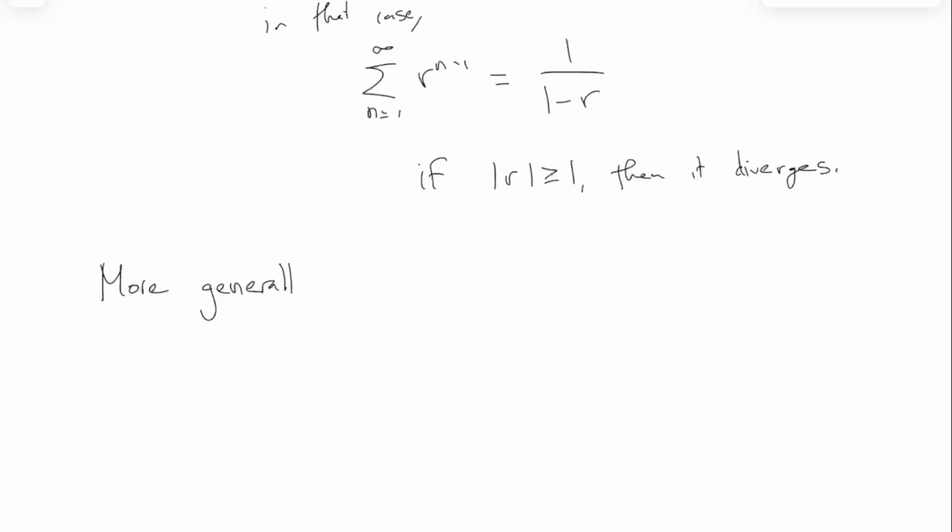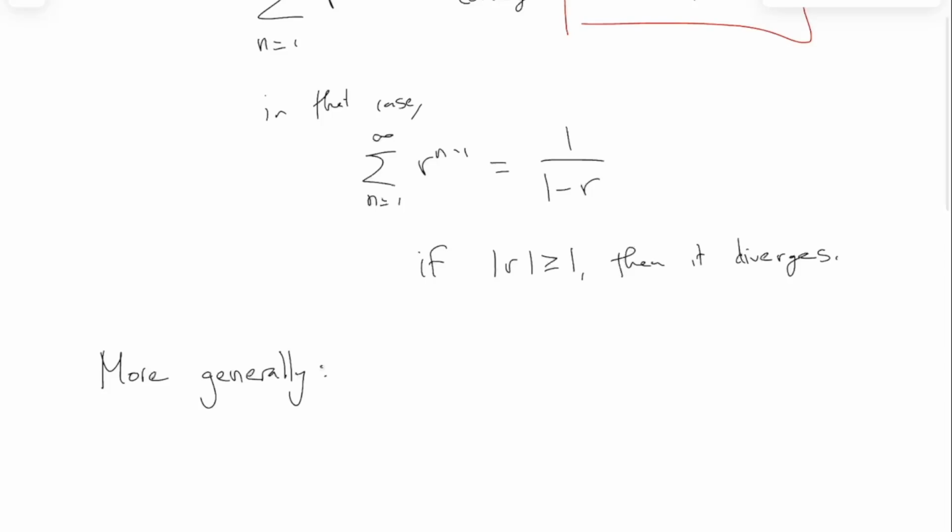More generally, and this is very easy to see, this kind of series occurs all the time, but often you see this series where each term is multiplied by some constant. So the more general version looks like this: it's the same thing, but all the terms have been multiplied by some constant a, the same a every time.